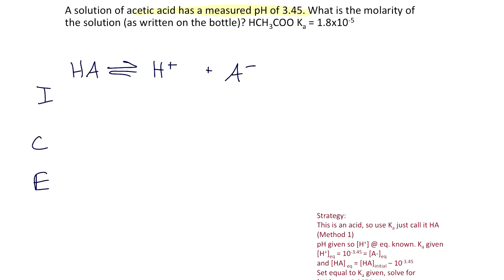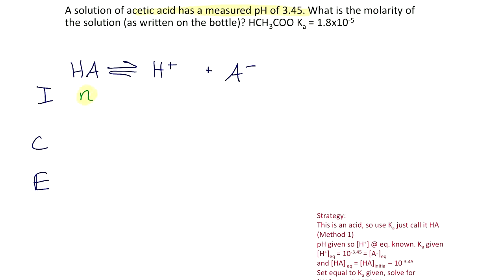So we are calculating the concentration written on the bottle. See how in all the other questions, the concentration given, we always put in the I line, the initial line. This time we're solving for the initial concentration, that I line. So I'm just going to call the initial concentration N, because that's what I'm solving for.